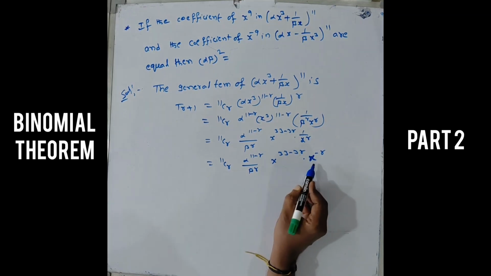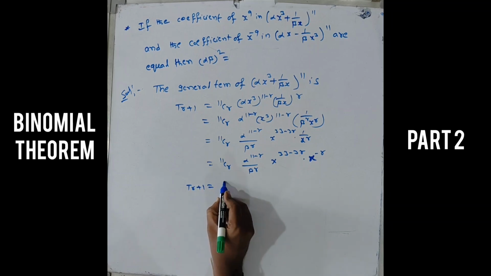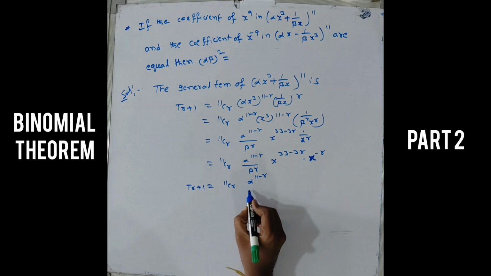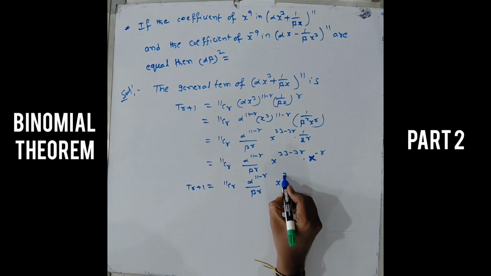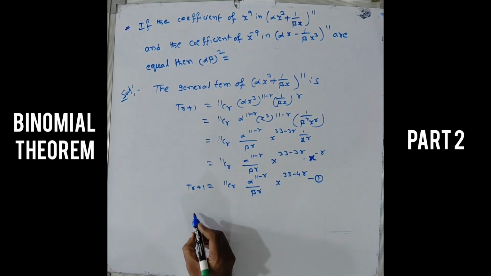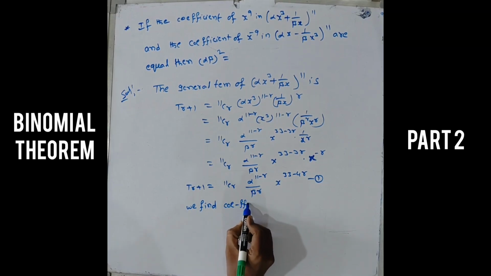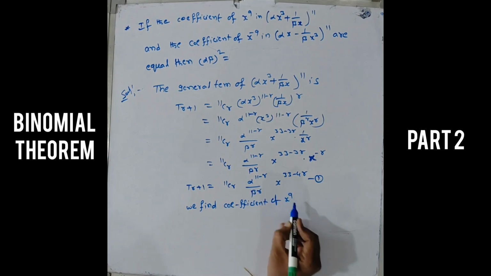Okay, bases are equal, powers should be added. T(r plus 1) is equal to 11Cr alpha power 11 minus r by beta power r, x power 33 minus 3r minus r, that is 33 minus 4r. This is equation number 1. Okay, we find the coefficient of x power 9.